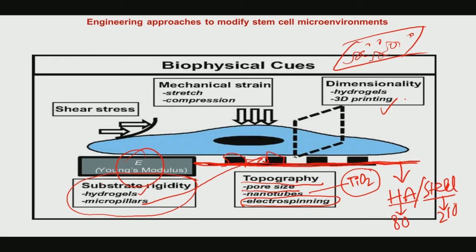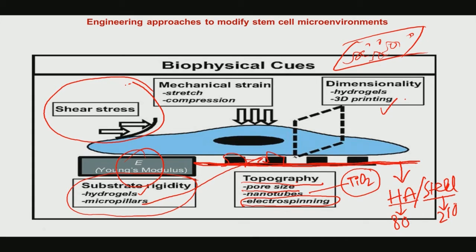Then apart from this, you can have some external stimulation, such as shear stress. Typically, consider blood cells present within a blood vessel. You have a certain blood flow, so blood cells and endothelial cells, like endothelial tissues or smooth muscle tissues, always experience certain shear in these physiological flow conditions. Under that shear stress, the cells will experience some kind of mechanical strain.